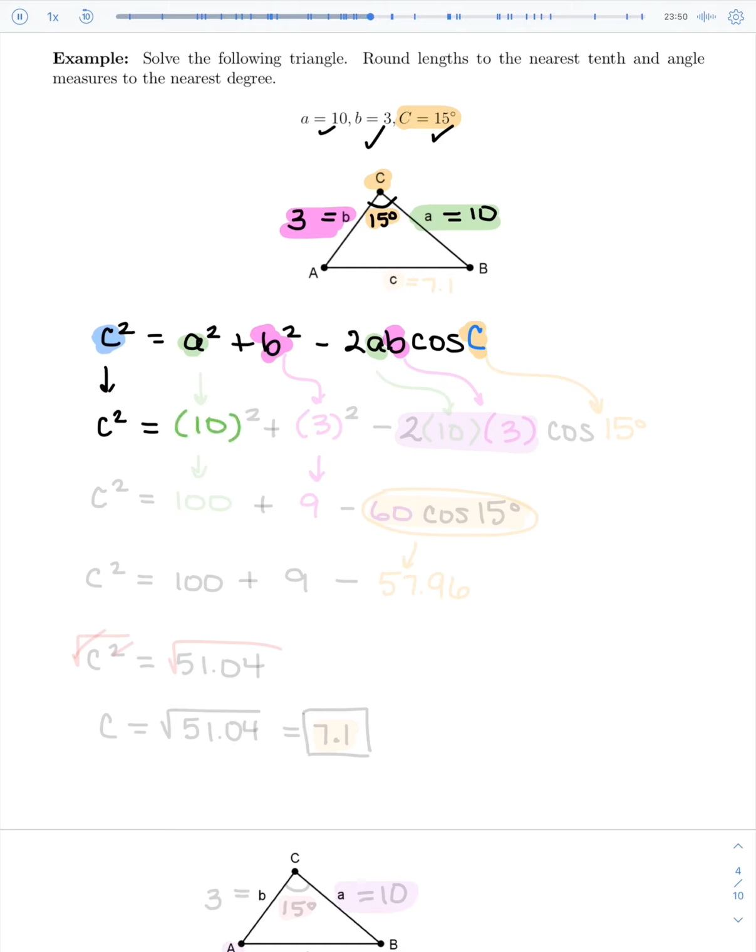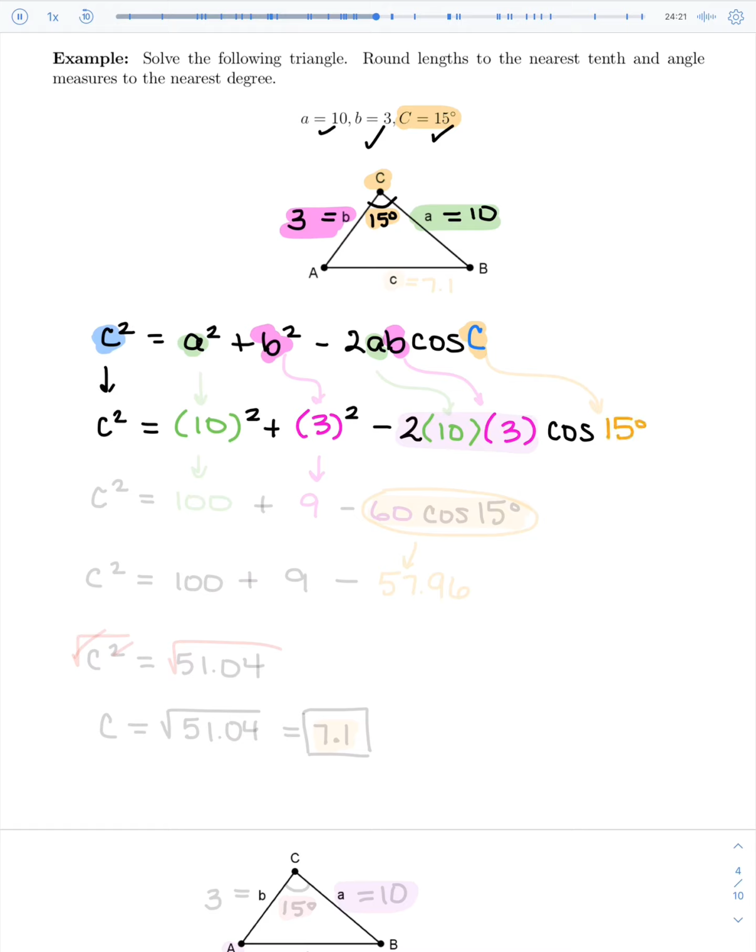Remember our sides here start out squared, plus our 3 for side B, which is also squared, minus our 2 times our A, which is again 10, times our B, which is 3, times our cosine of angle C, which we said was 15 degrees.